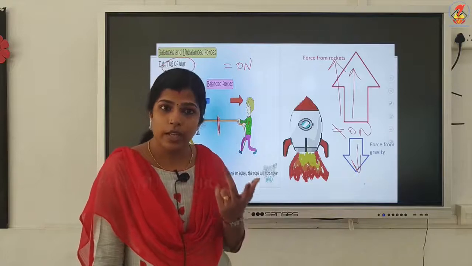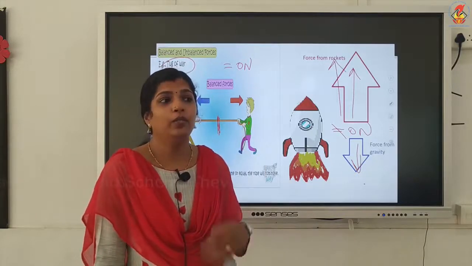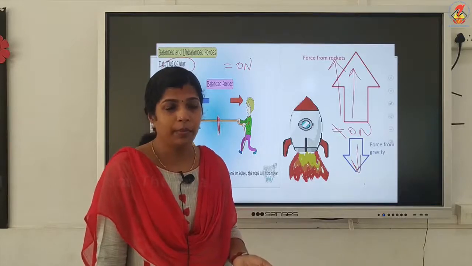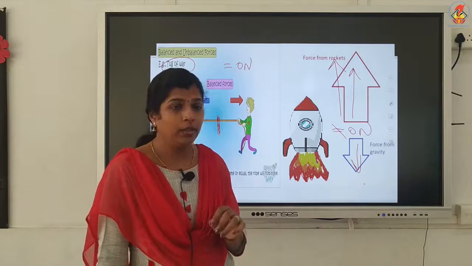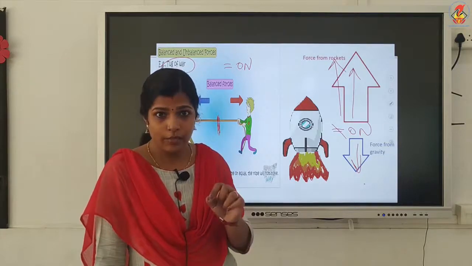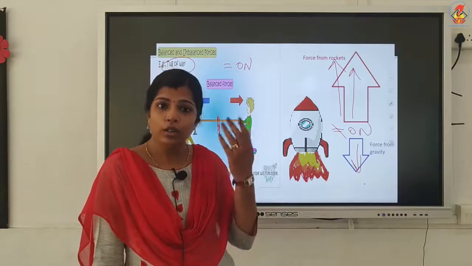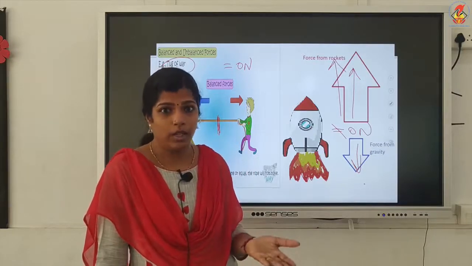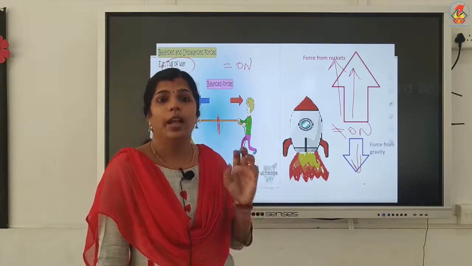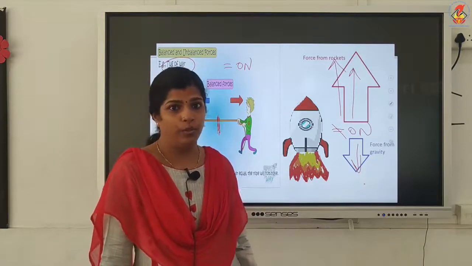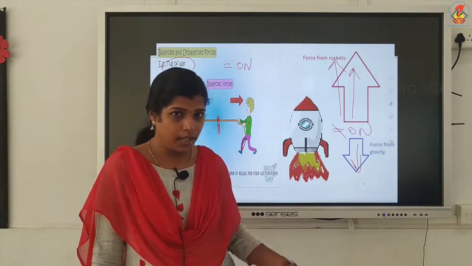If two forces are acting in the opposite direction, we will find the net force by taking the difference. If you got the difference as 0 Newton, it means balanced force and the object will not move. If you got the difference not equal to 0, then that is unbalanced force and the object will move.